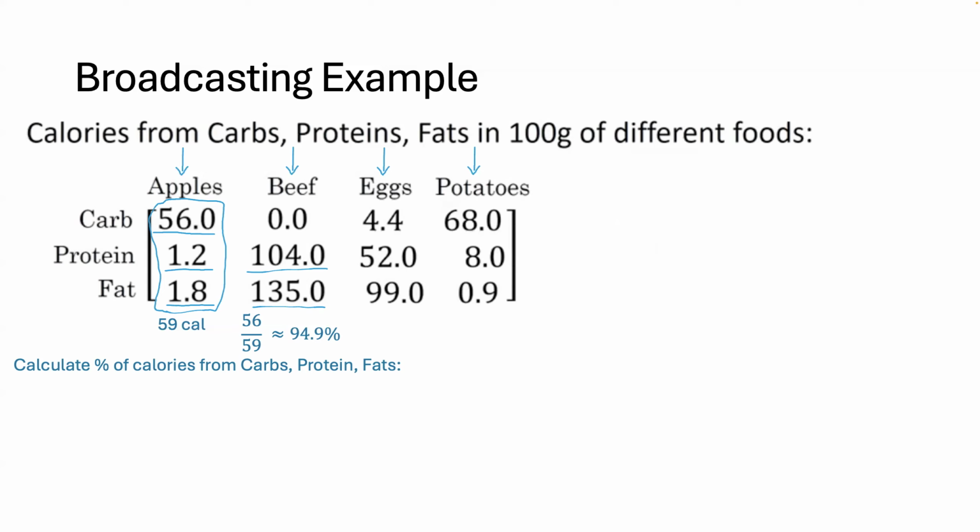The question becomes, how can we do this explicitly without a for loop? And can we do that? The short answer is yes. But let's see how we can do that at a deeper level.